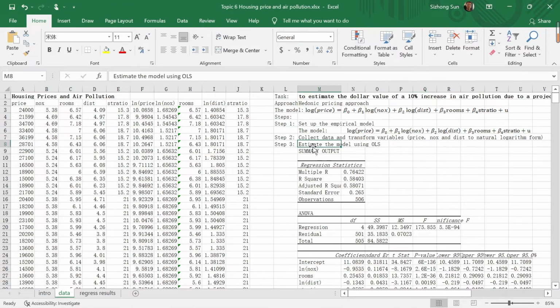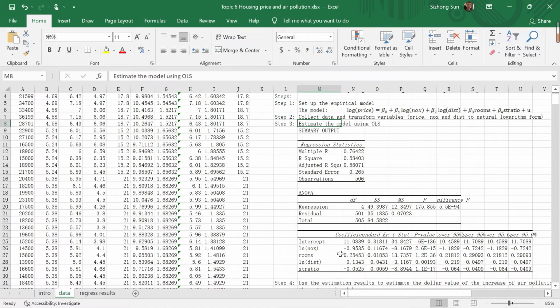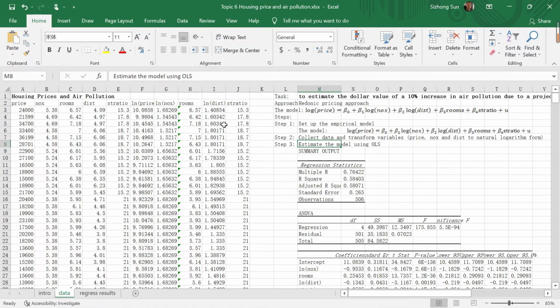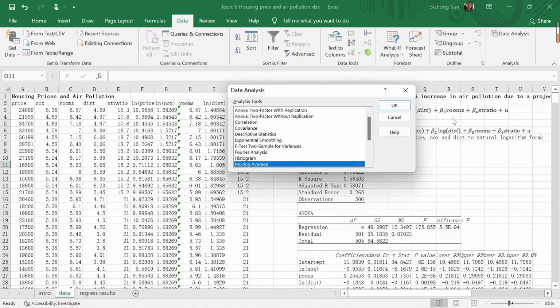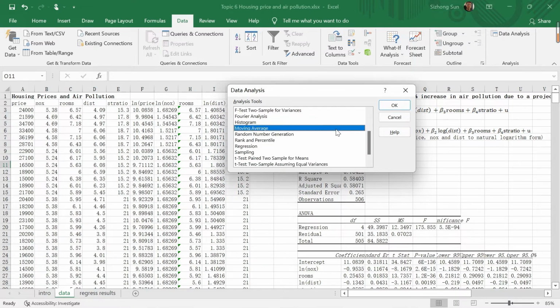Then we estimate the model using OLS, and here I have already estimated the model, but let me just illustrate. You go to data analysis and choose regression.